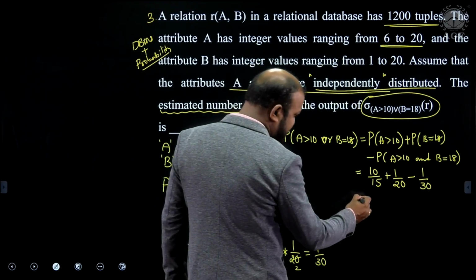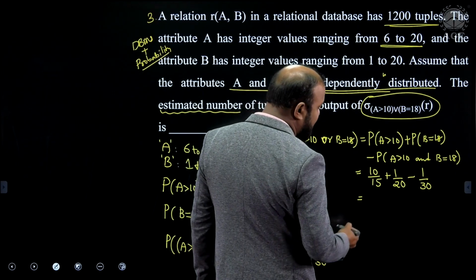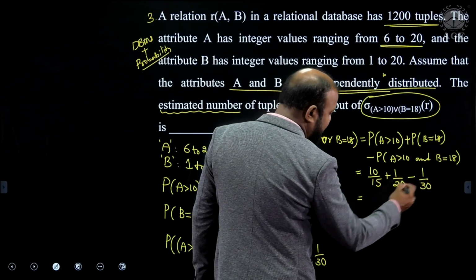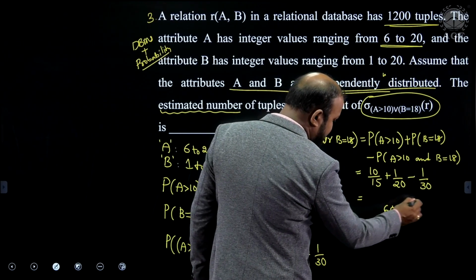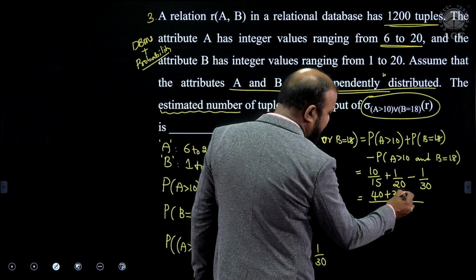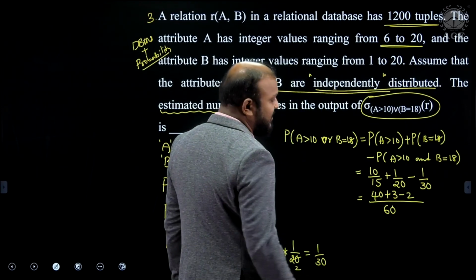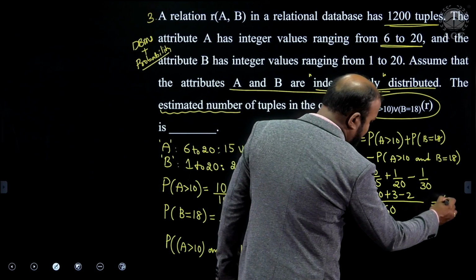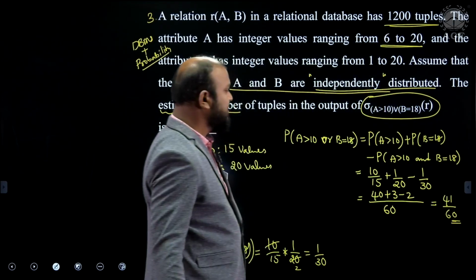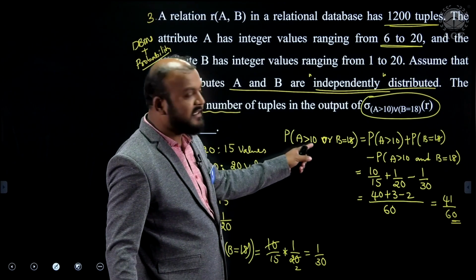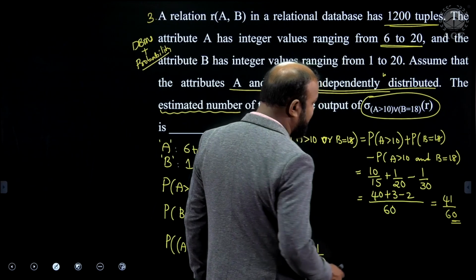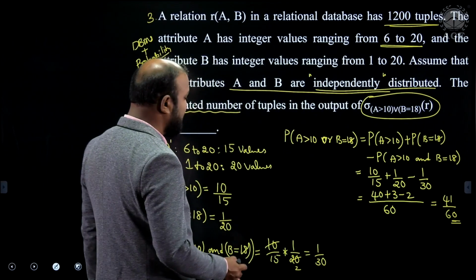When you solve this, what are you going to get? You are going to get the LCM of 15, 20, 30, which is equal to 60. That is, it is 40 plus 3 minus 2, which is totally equal to 41 by 60. It means the probability of A greater than 10 or B equal to 18 is 41 by 60.